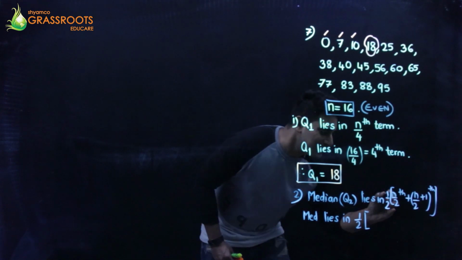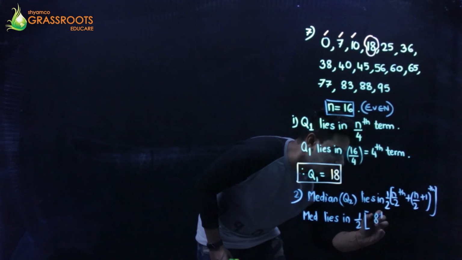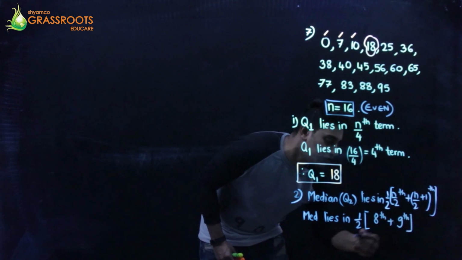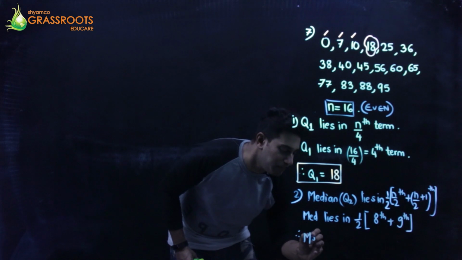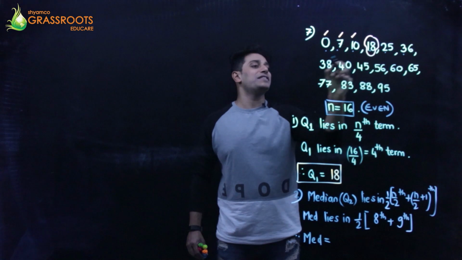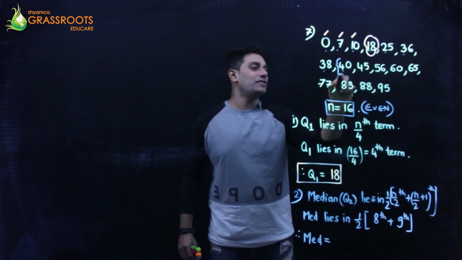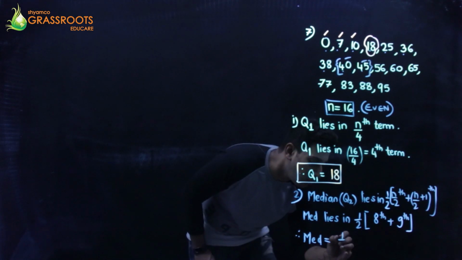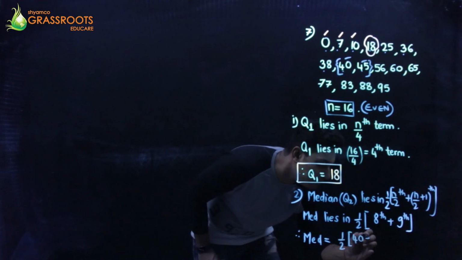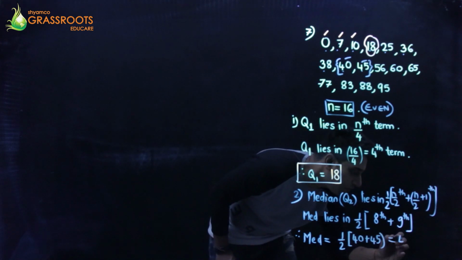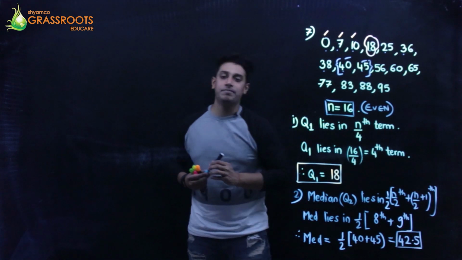So it's 16 by 2, that's the 8th observation, and 16 by 2 plus 1, that's the 9th observation. Counting 1 to 9, the 8th observation is 40 and the 9th observation is 45. So half of 40 plus 45, that's 85 by 2, 42.5 should be my answer of median.